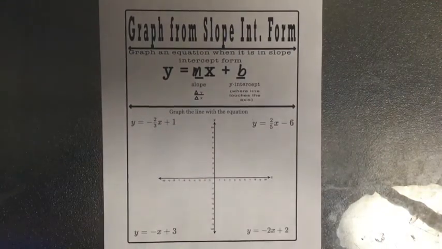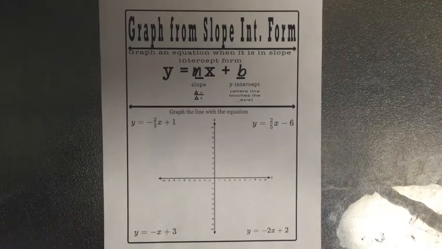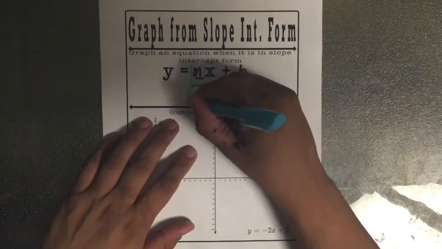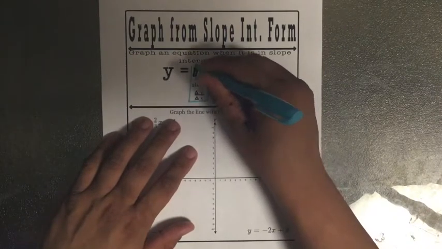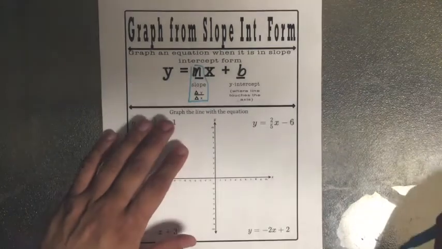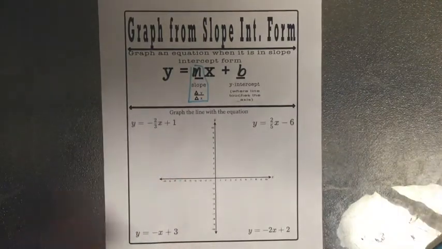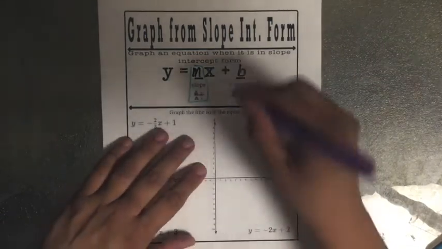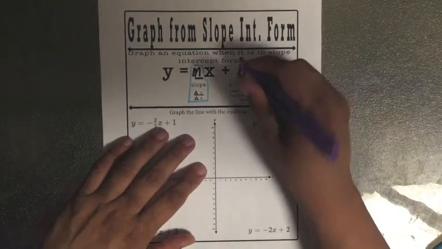What we have to remember here is that m is the slope, which is delta y over delta x. M represents slope. And x is x, and b represents the y-intercept.